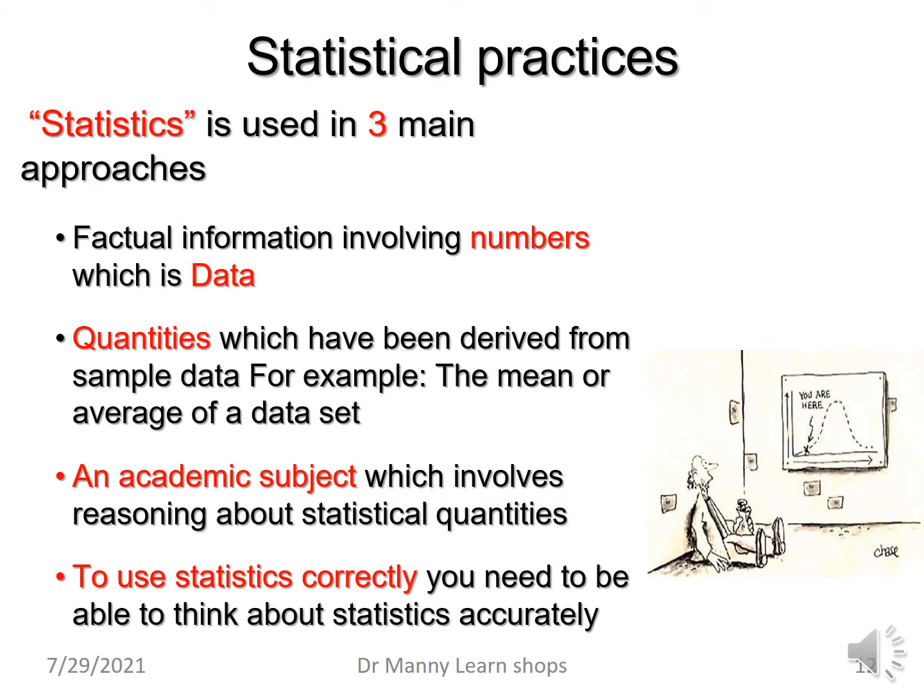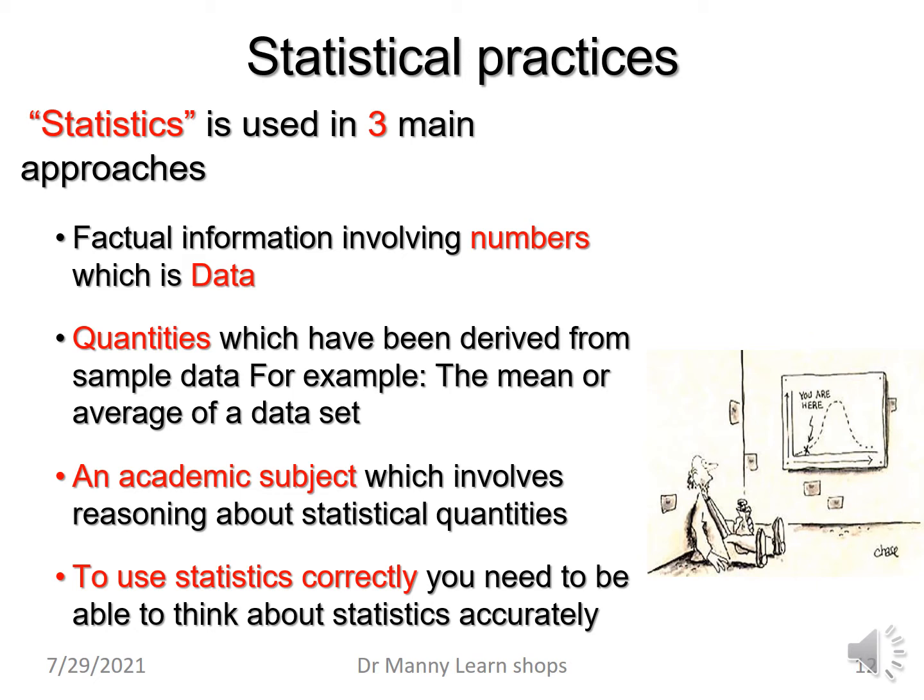So what are some of the statistical practices? Statistics is used essentially in three main approaches, where we have factual information involving numbers, which is data, quantities, which have been derived from a sample data, for example, the mean or average of a data set.